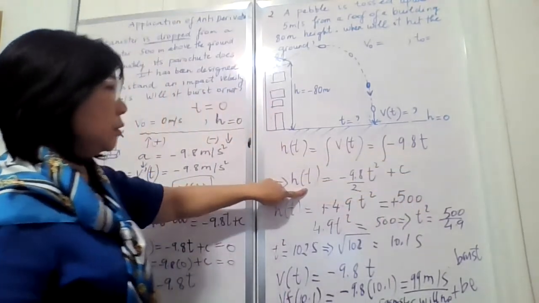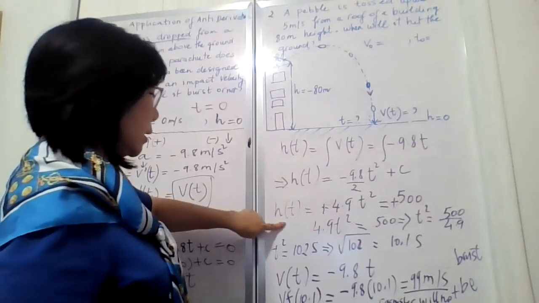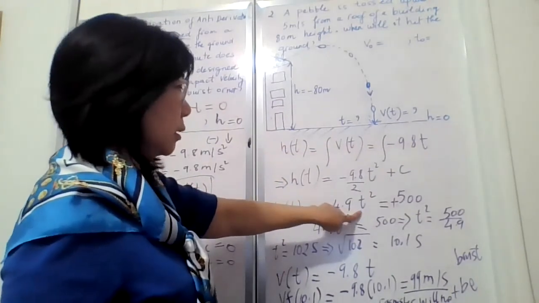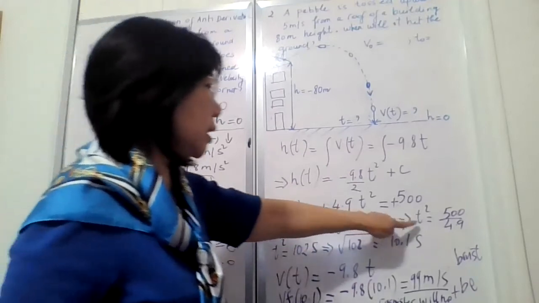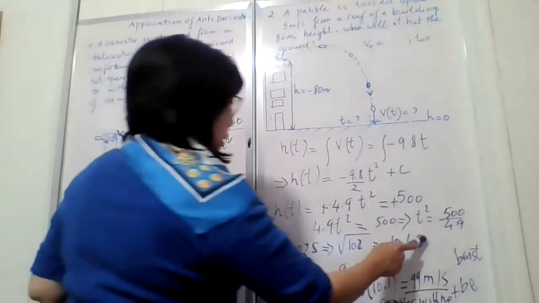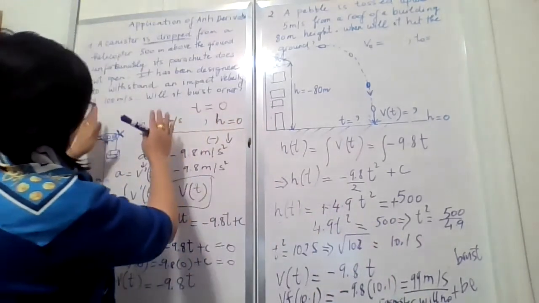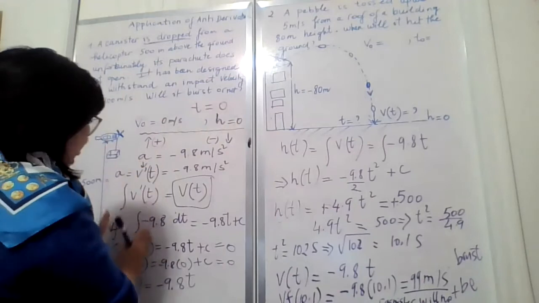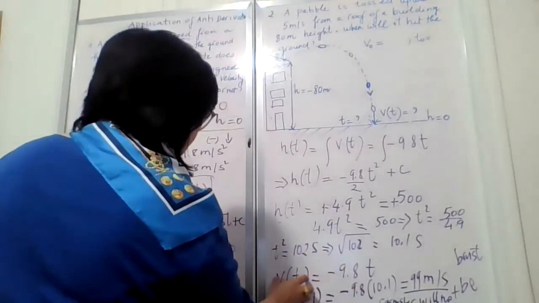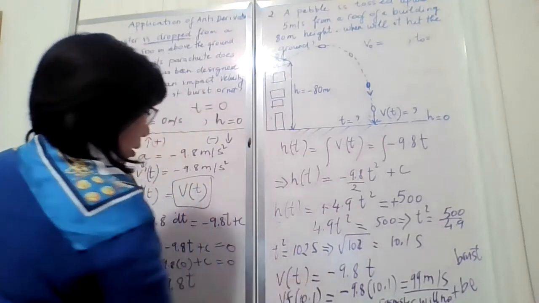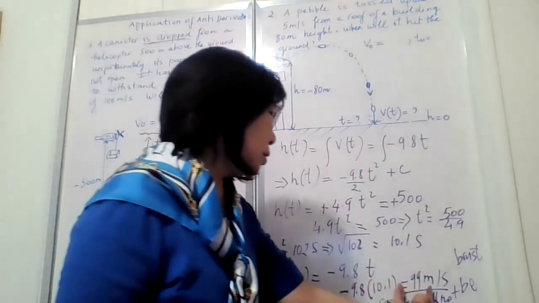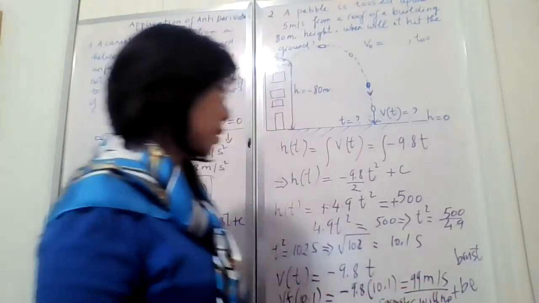We do the integration and get height equals 4.9 t squared, and we solve to get t equals 10.1 seconds. We know it takes 10.1 seconds for this canister to hit the ground. We plug 10.1 back into the velocity of t to find the final velocity, and the final velocity equals minus 99 meters per second.